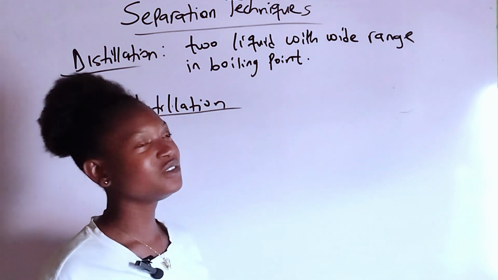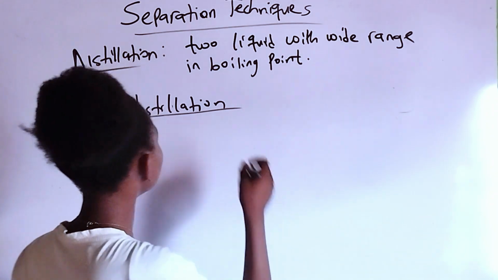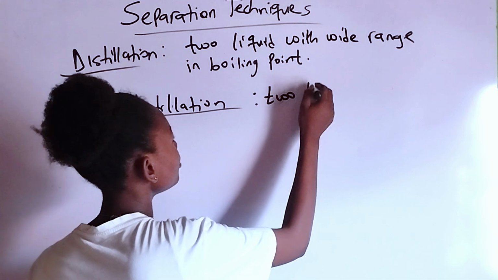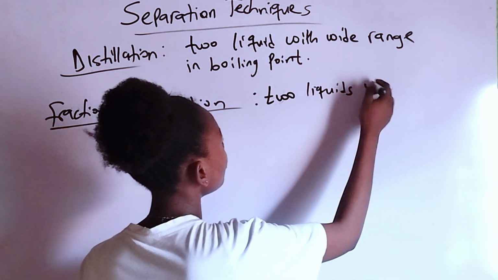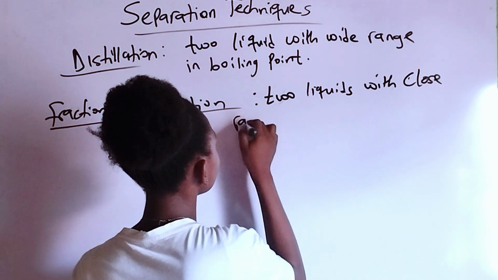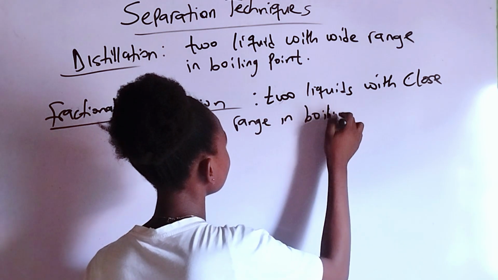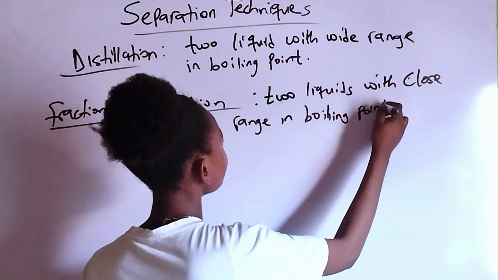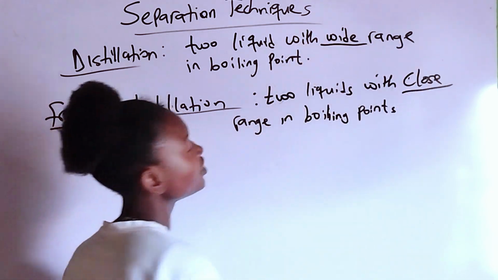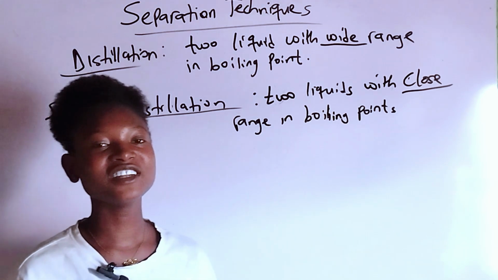Distillation is to separate two liquids with a wide range in their boiling point, while fractional distillation is to separate two liquids with a close range in boiling point. This one is close range and this one is wide range.